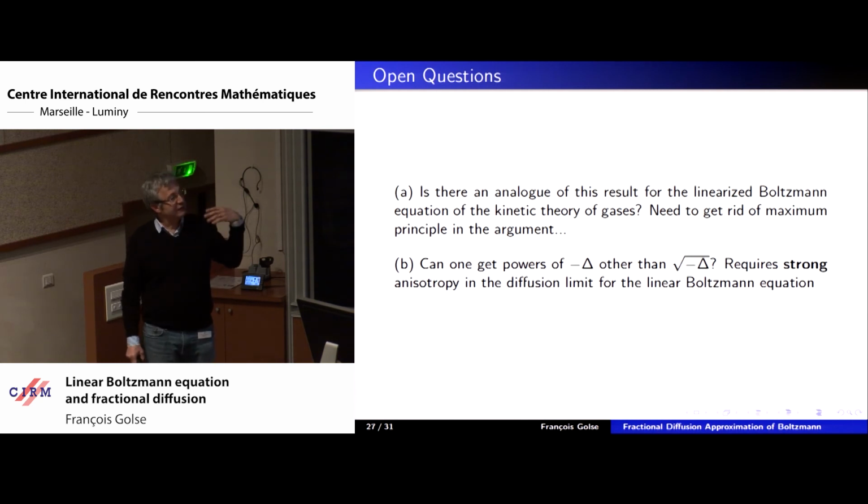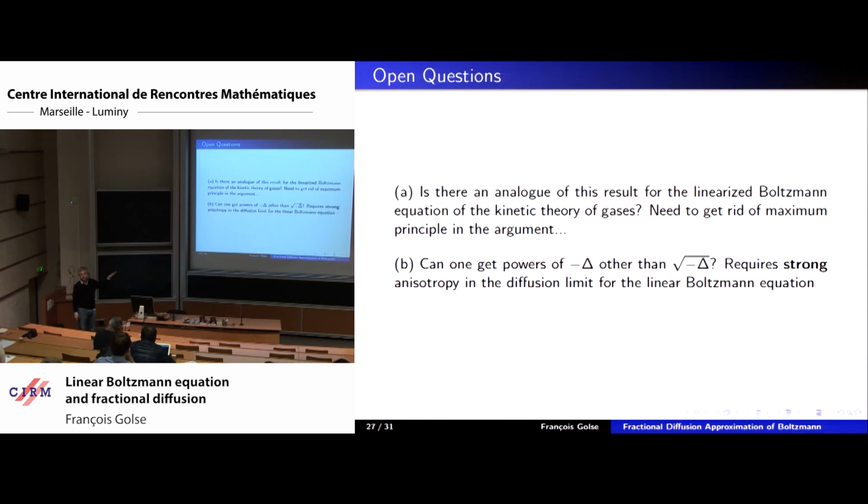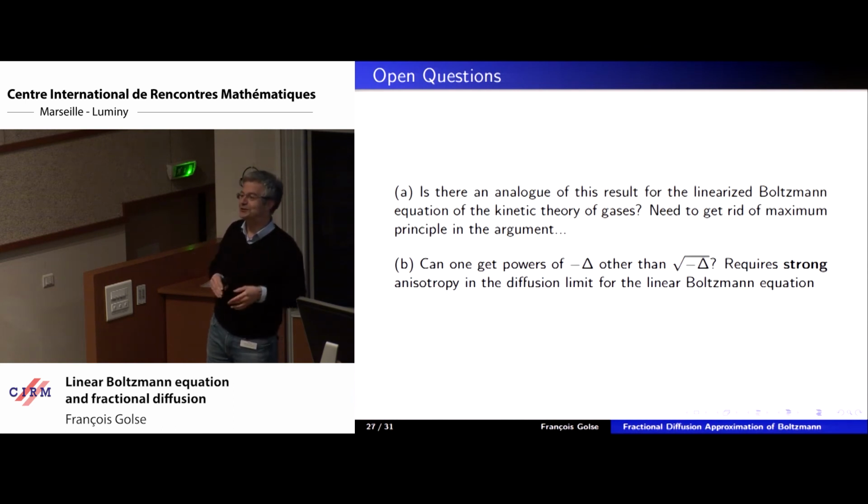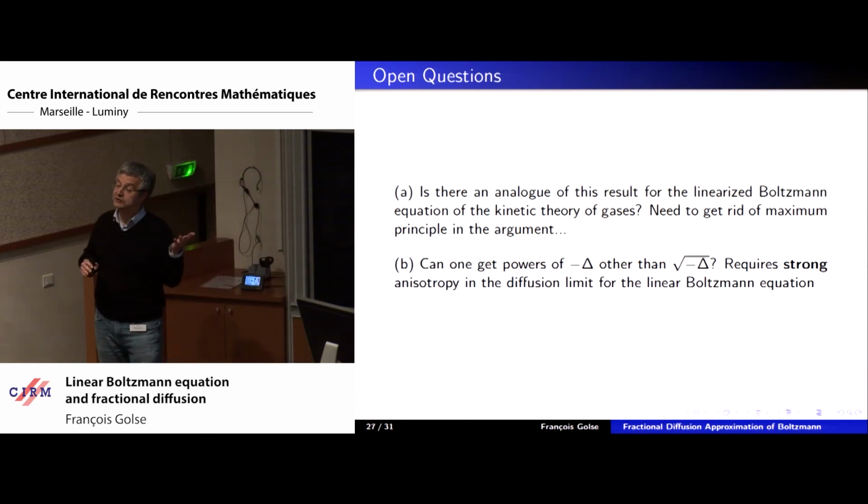Well, first, there's something I didn't emphasize too much, but which is nevertheless important: here I've been using significantly the maximum principle, the fact that the linear Boltzmann equation satisfies the maximum principle, whereas the linearized Boltzmann equation does not, right? So the linearization of the Boltzmann equation is not an example of a linear Boltzmann equation, the semantics being a little strange, because in particular it does not satisfy the maximum principle.